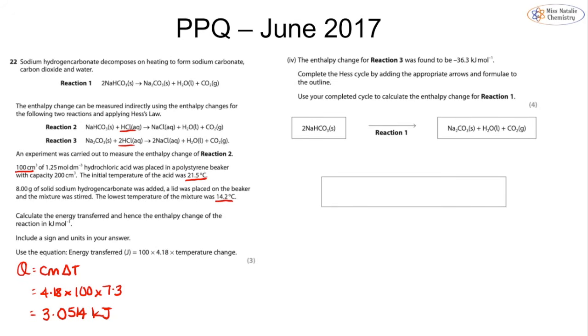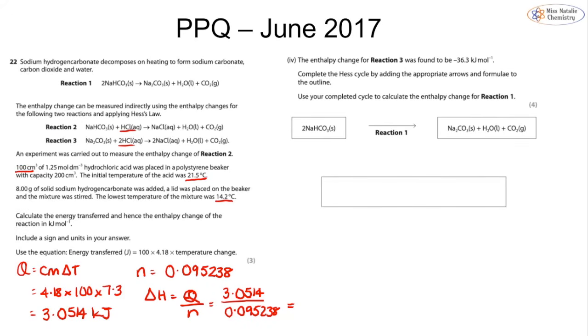I can then work out my number of moles of the sodium hydrogen carbonate, which would work out to be 0.095238. So delta H is going to be Q over n, which is 3.0514 divided by 0.095238.